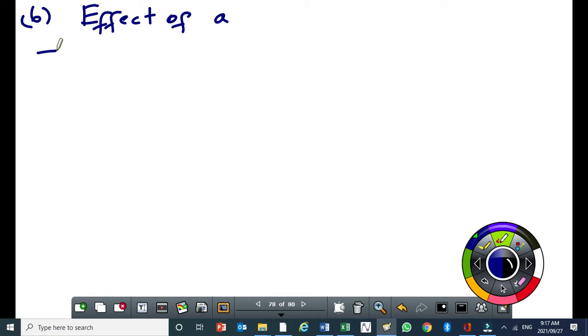The sign of the value of A determines whether the graph will curve downwards or upwards.